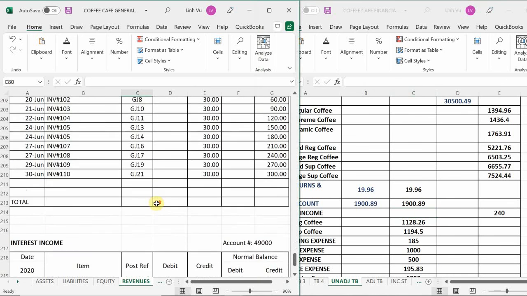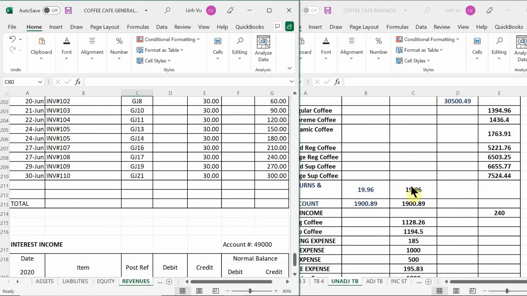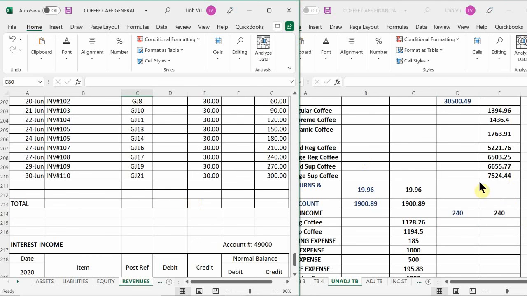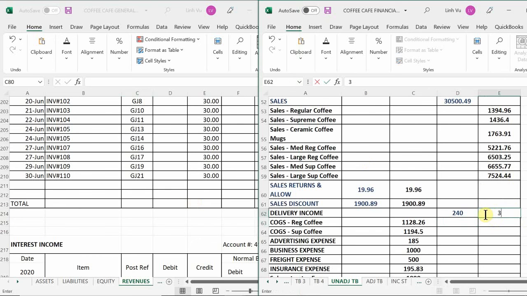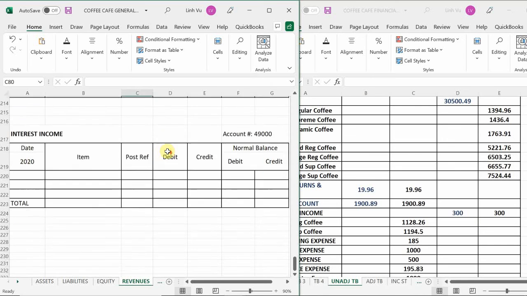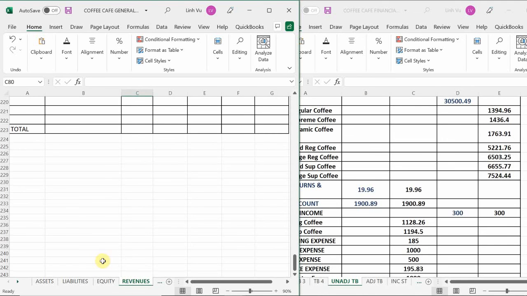Delivery income, right? Which is a credit, right? It's our money that we earned, and it's $300. Okay. Then interest income, don't have any.